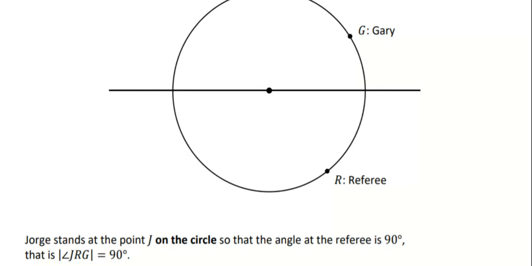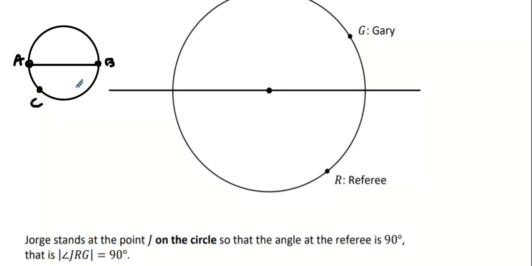So what we remember from our geometry course is that basically when you have a diameter of a circle, when you have 2 points as a diameter, let's say point A and B, any point C that's not on AB, so it could be point C here, that automatically makes a right-angled triangle.